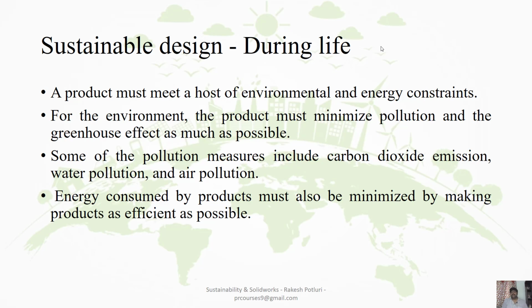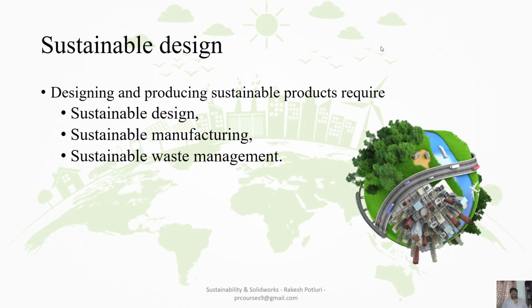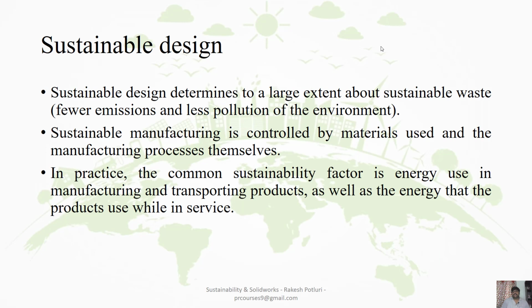Then, to design and produce sustainable products, three main concepts are required. One is the sustainable design concept, then the sustainable manufacturing concept, and the sustainable waste management concept. Sustainable design plays a major role in determining the sustainable manufacturing stage as well as the sustainable waste management stage.